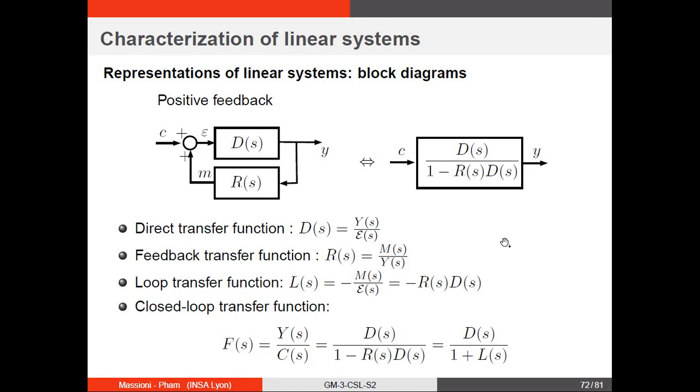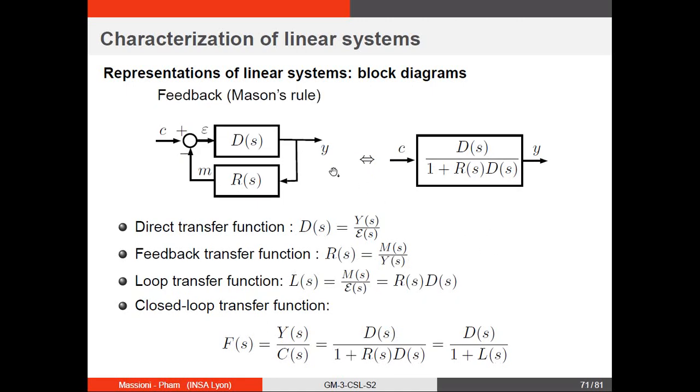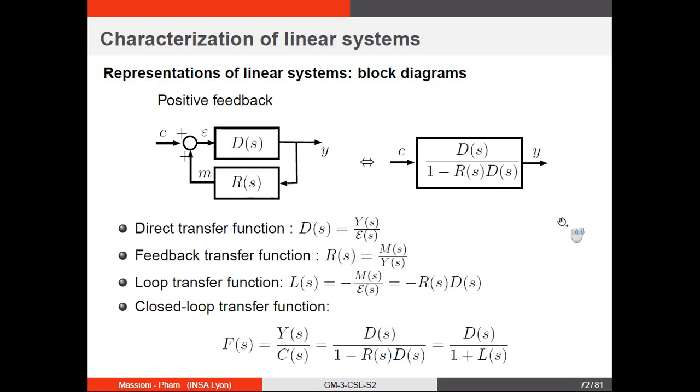So moral of the story, when looking at these definitions, you always have to refer to this scheme over here. If you do not have a negative feedback, just create it by multiplying twice times minus 1. So you make a minus 1 here and a minus 1 here, and then you have this scheme appearing, which is equivalent to saying the loop transfer function in this case is defined as minus rd. I hope this is clear.